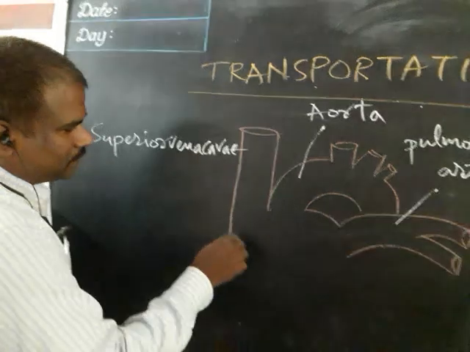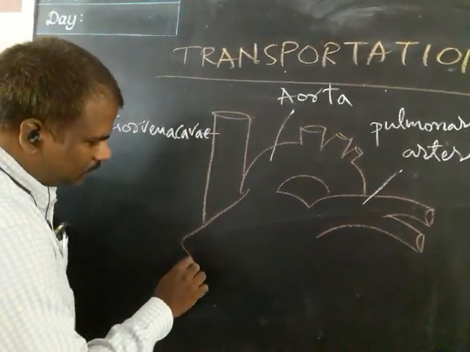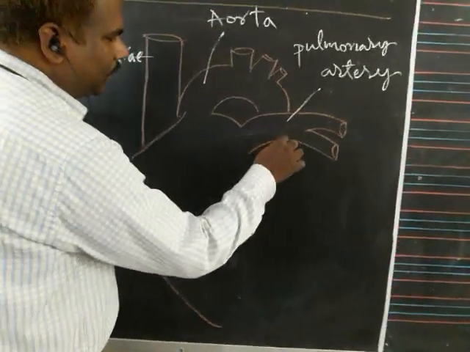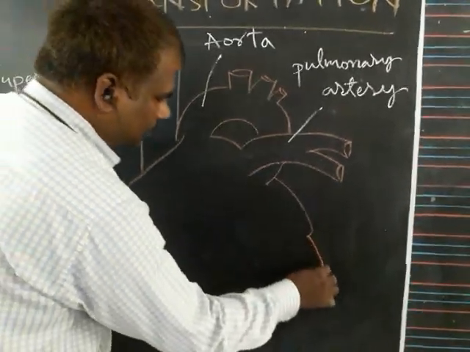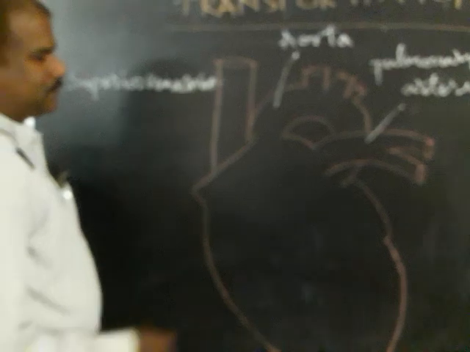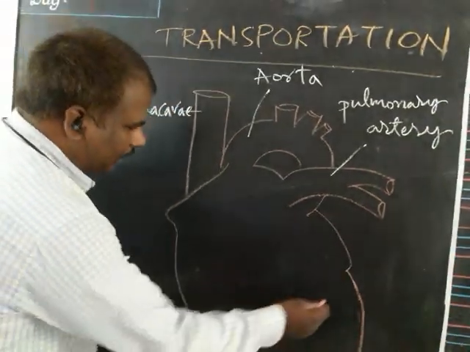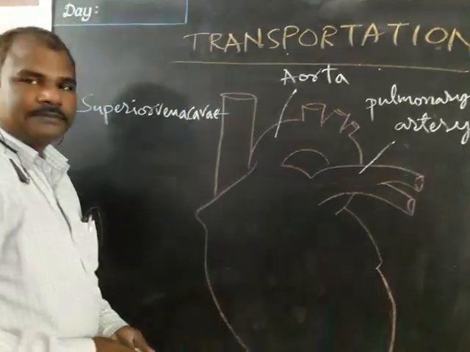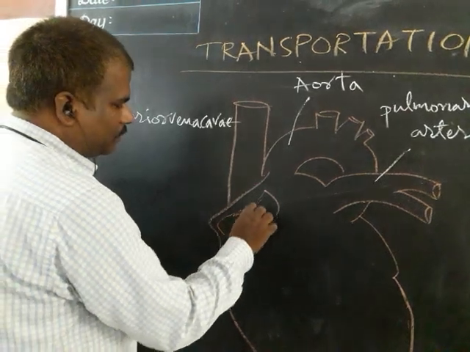Here the vena cava is connected to the right auricle. Right and left auricles are connected to the ventricles: right ventricle and left ventricle.